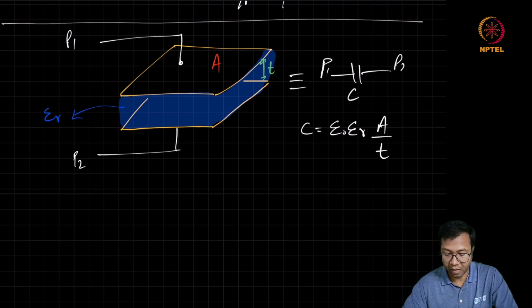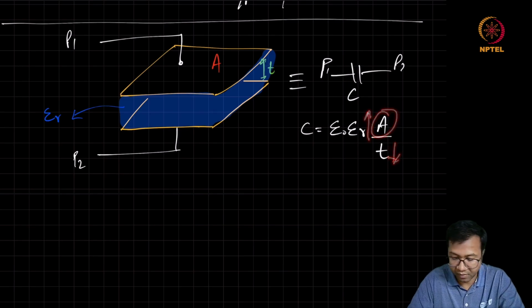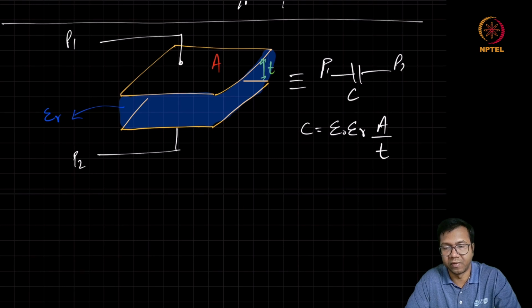But let's say we have an application where we want to maximize the capacitance density. What we can do is for a given area, we can increase epsilon r and try to reduce this T. And this is possible in some of the specialized CMOS processes, which are tuned for this kind of RFIC design.